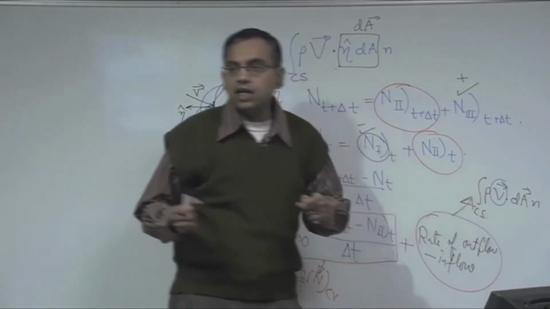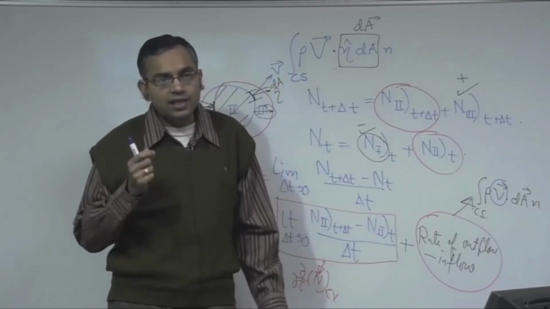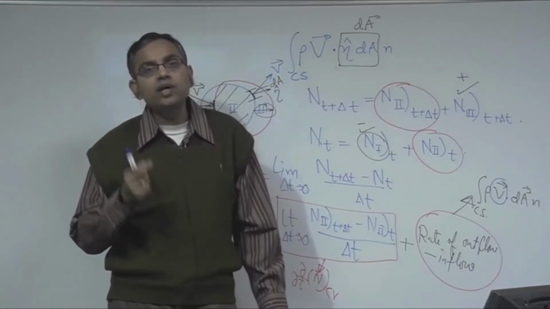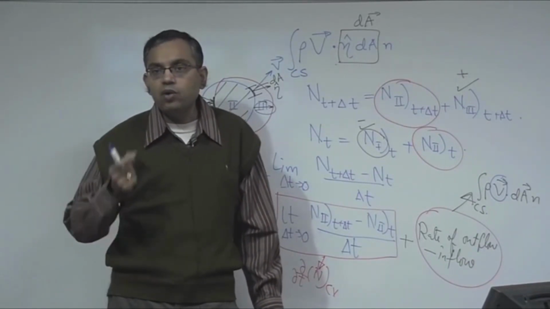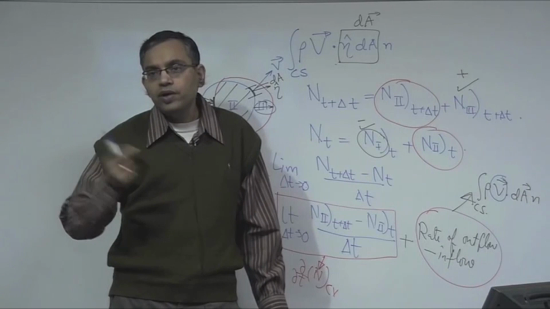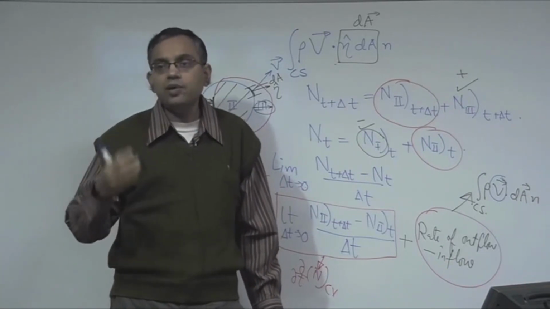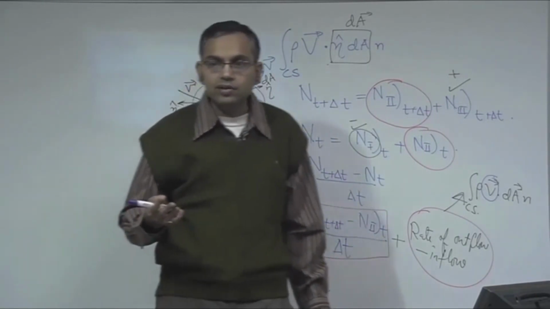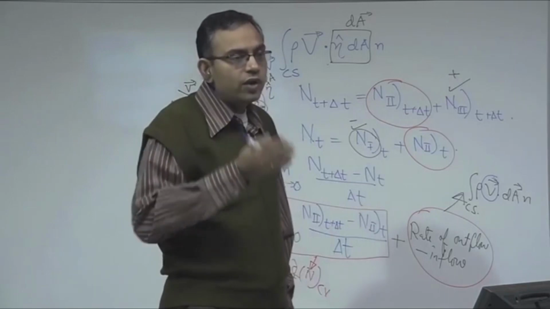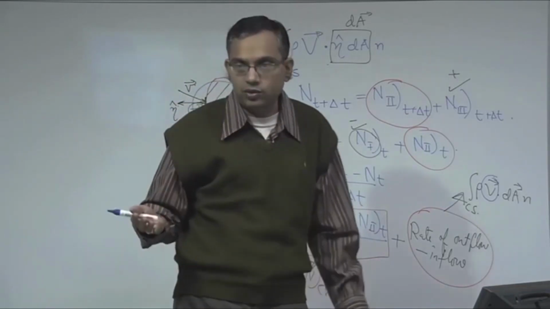Let us say that the control volume is a tank, just as an example. Let us say that the tank is moving towards the right at a speed of 1 meter per second, and water is also moving towards the right at a speed of 1 meter per second. Then what is the rate at which water is coming out of the tank? That rate is 0, because the tank is also moving, and the water is moving in the same way. So relative to the tank, no water is moving out.